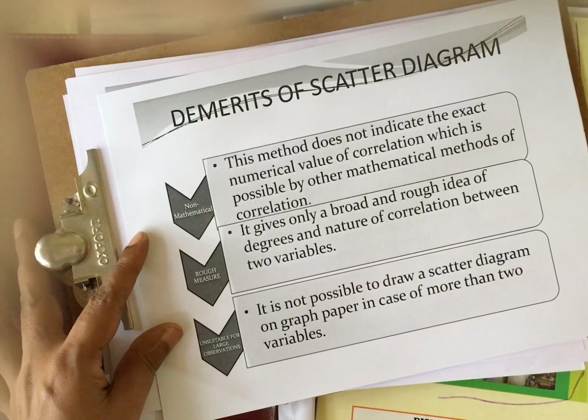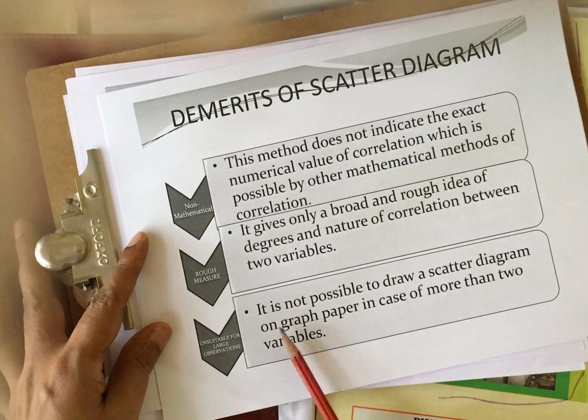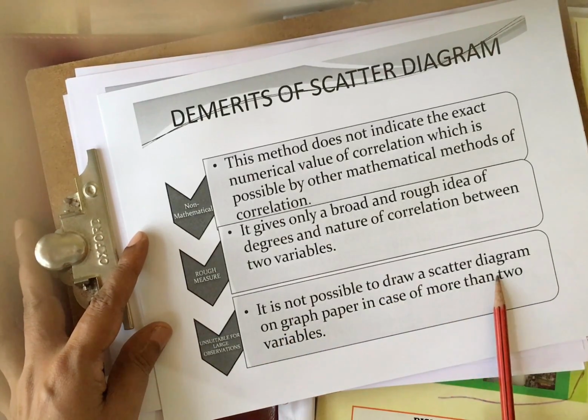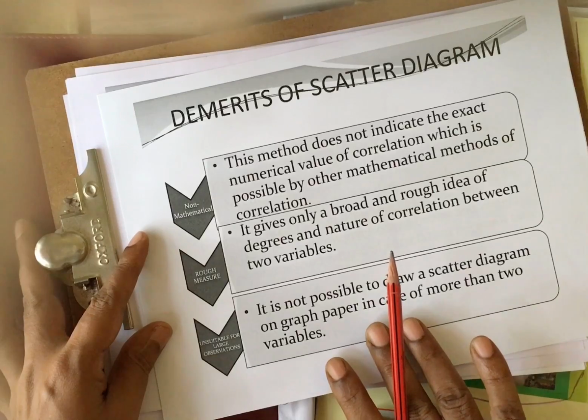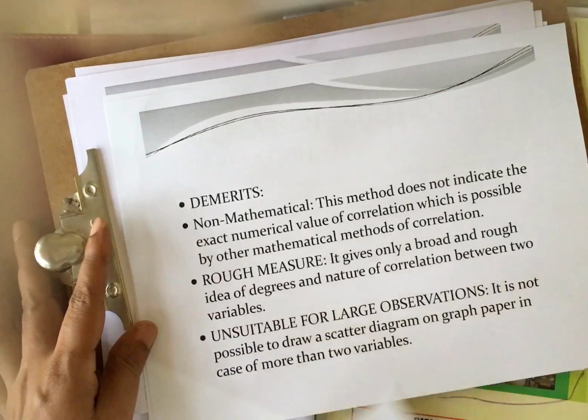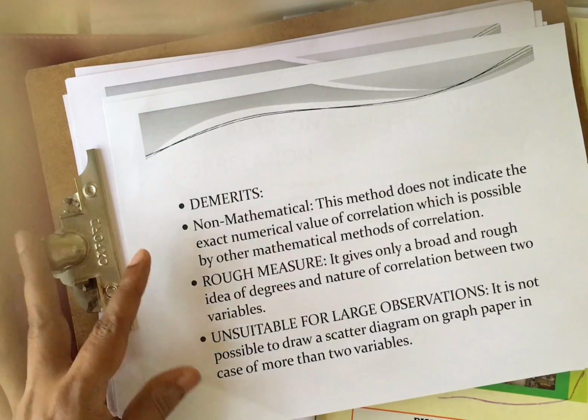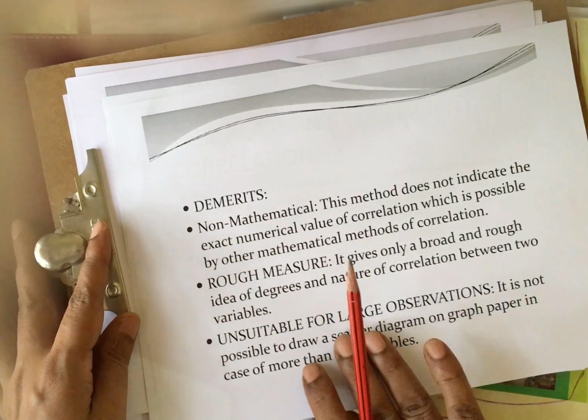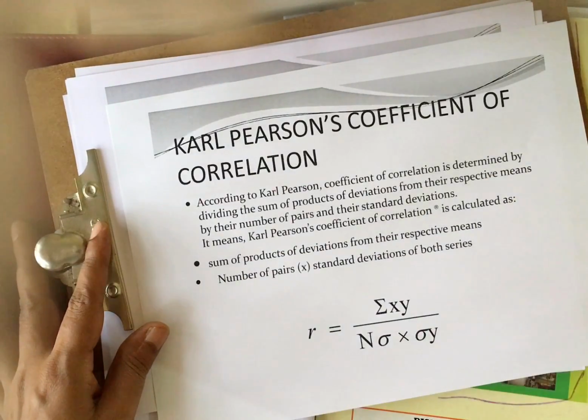The next one is that it is not possible to draw a scatter diagram on graph paper in the case of more than two variables. With only two variables it is possible, but with multiple and partial variables it is somewhat difficult. So these are the shortcomings of the scatter diagram. Now next, the same merits and demerits are given here.